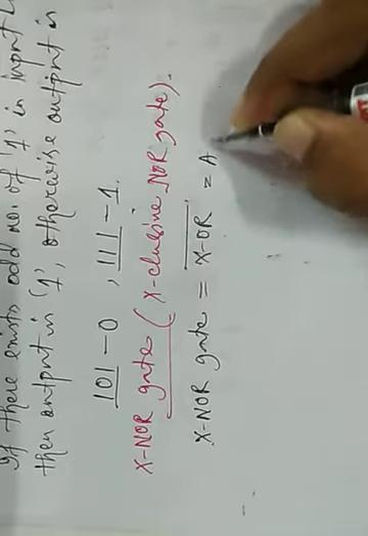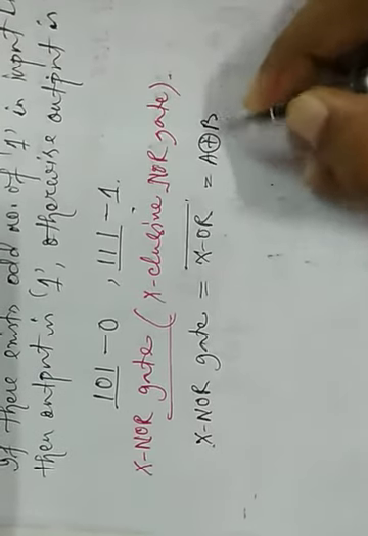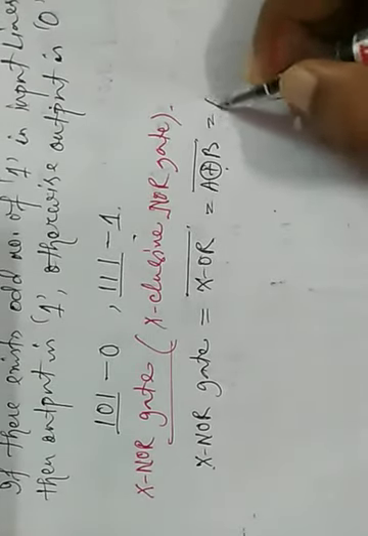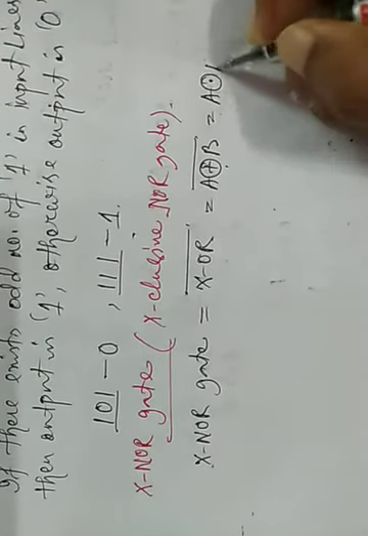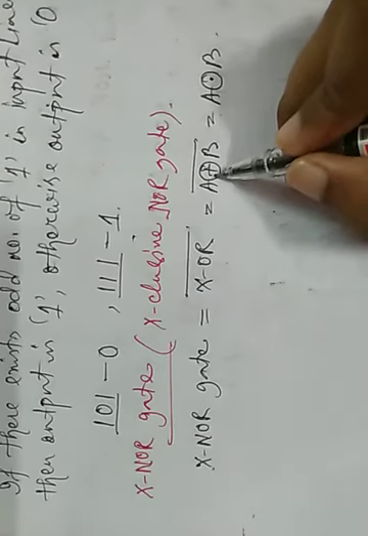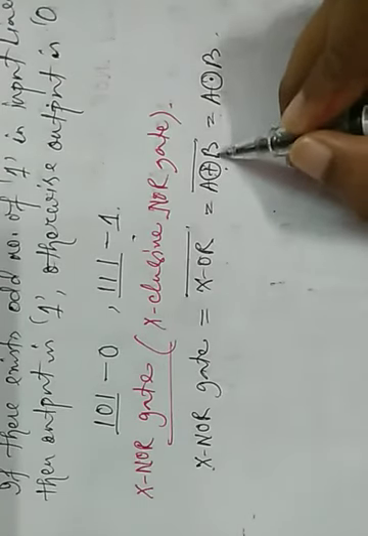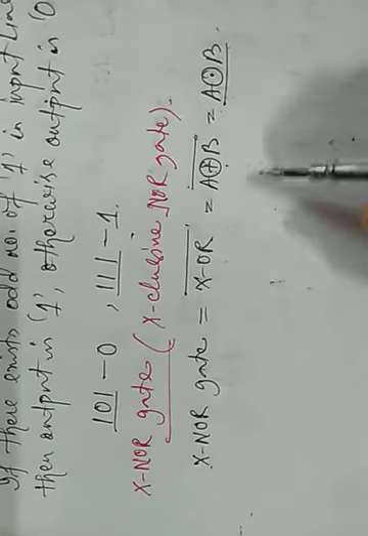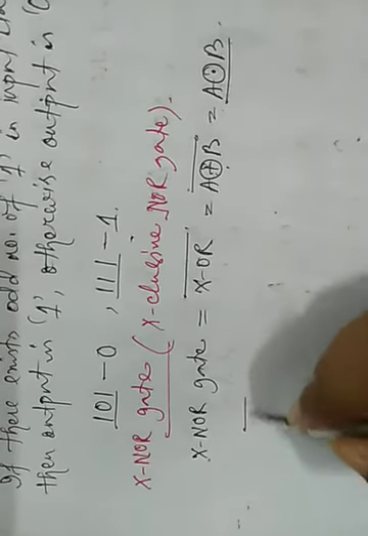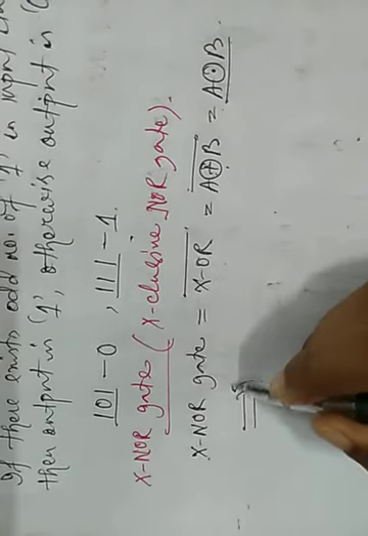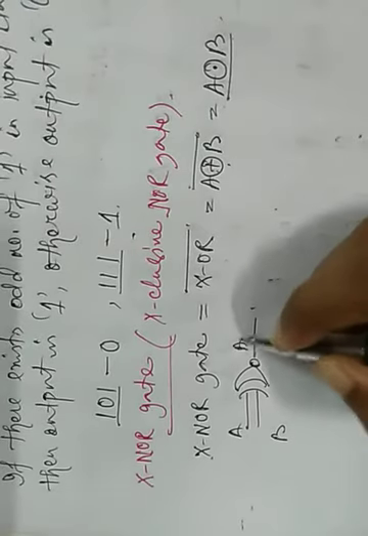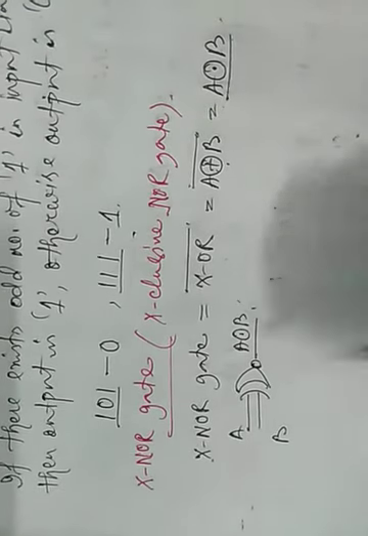That means A exclusive OR B, complemented, is XNOR gate, and this is written as A dot circle B. That means (A XOR B) complemented is equal to A dot circle B, and its logic gate is like this. That is A, B, A dot B.